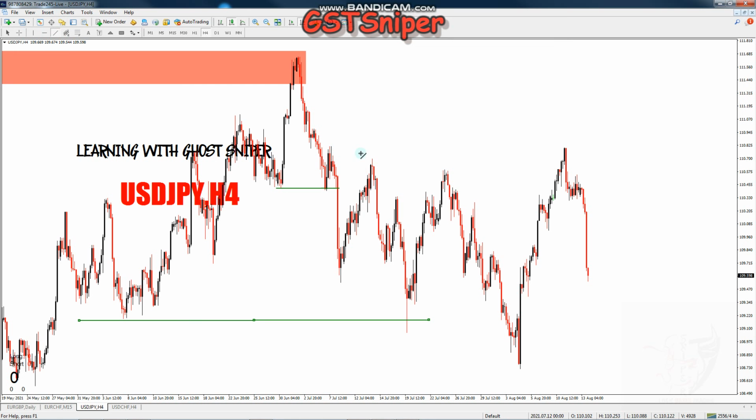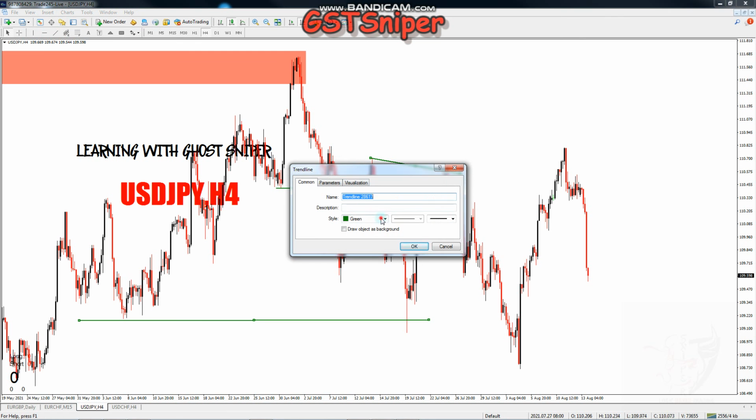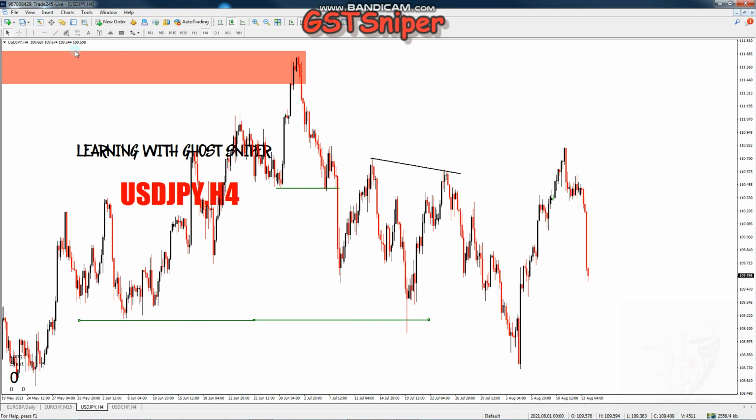We have equal highs from here, and you can also see that there's a liquidity grab from up there. The liquidity grab is a buy stop liquidity, right?